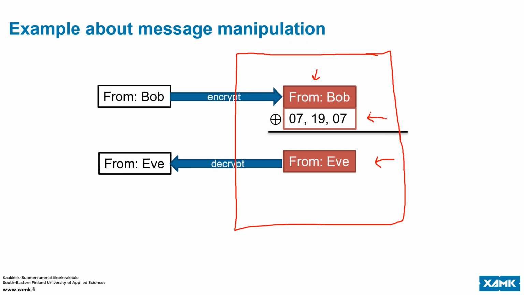It would not say From: Bob, but instead it would say From: Eve, but of course in an encrypted form. And whoever decrypted the message later on, right here, would find that the plaintext message now reads From: Eve.